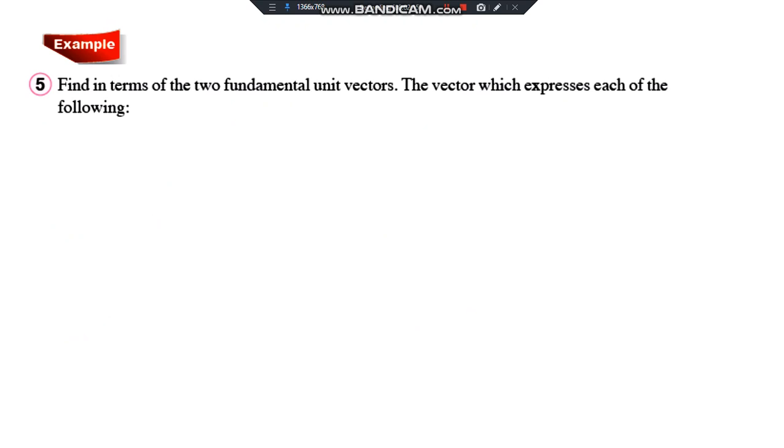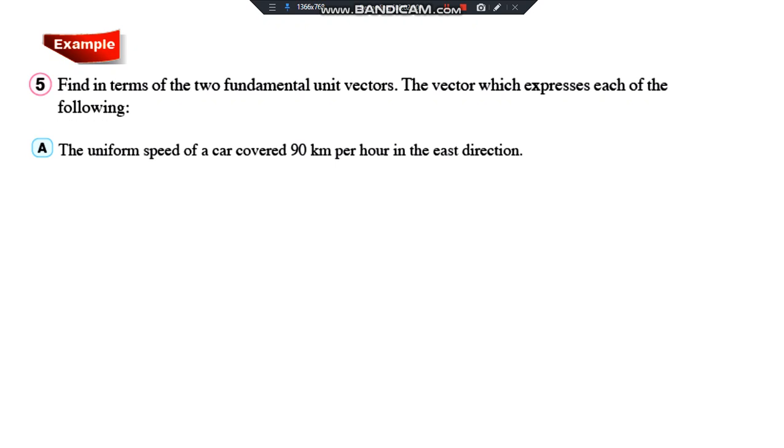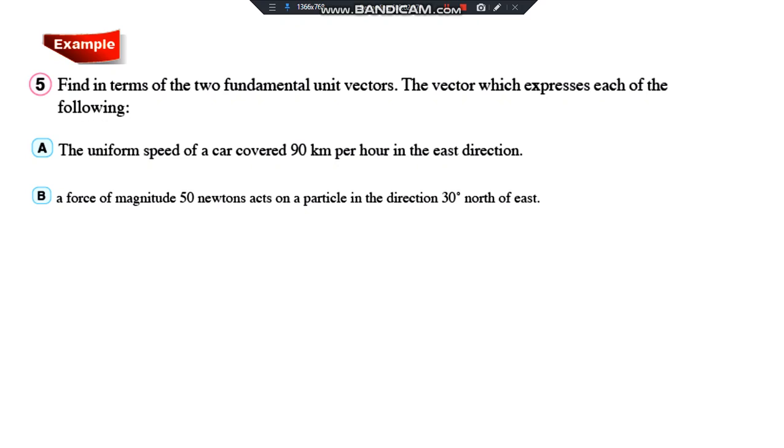Example: find, in terms of the two fundamental unit vectors, a vector which expresses each of the following. A, the uniform speed of a car covering 90 km per hour in the east direction. B, a force of magnitude 50 newtons acting on a particle in the direction 30 degrees north of east. Solution: for the first one, the positive direction of the x-axis represents the east direction.